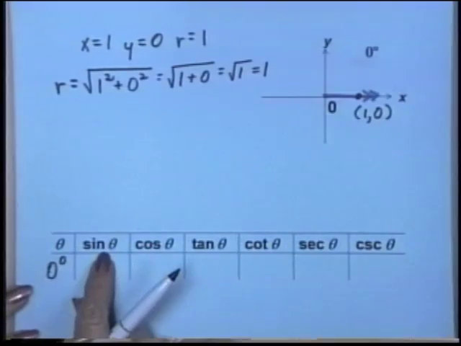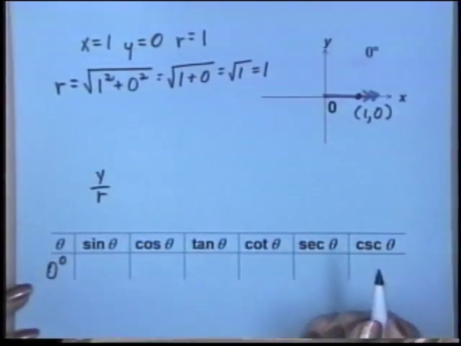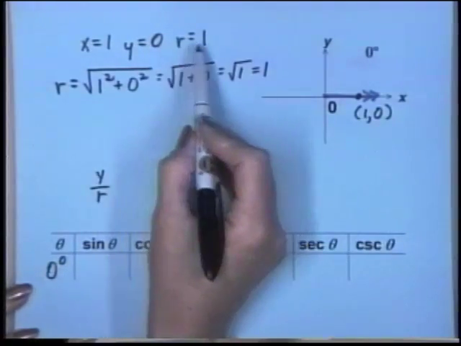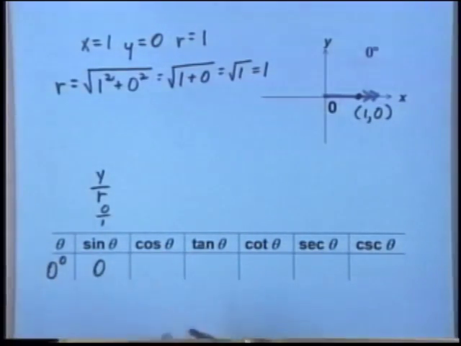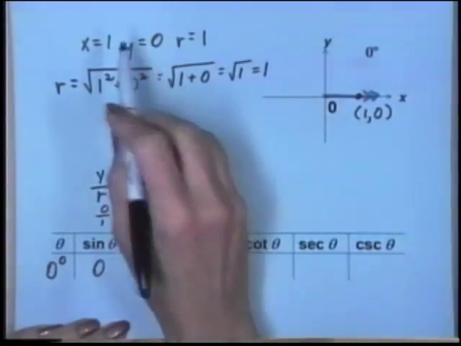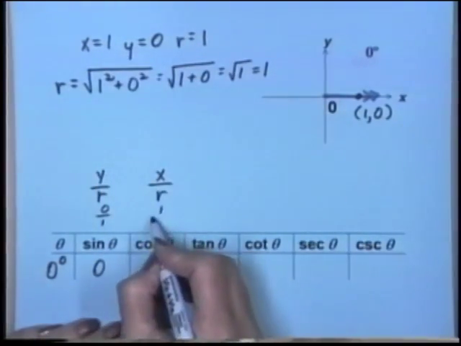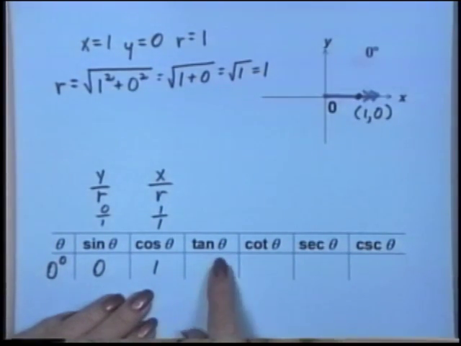Now, when we decide what the sine is, y over r, that would be 0 divided by 1, which would be 0. So that means that the sine of 0 degrees is 0. For the cosine, x over r, that would be 1 divided by 1, which is 1. So that means the cosine of 0 degrees equals 1.